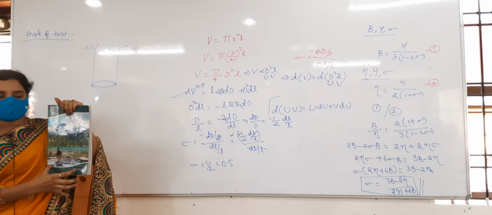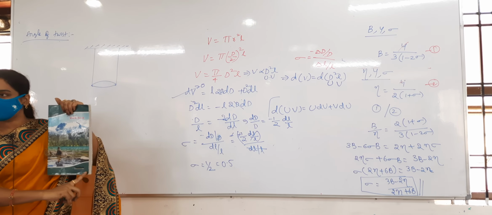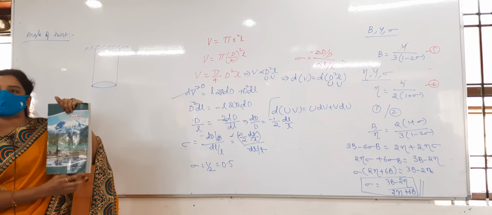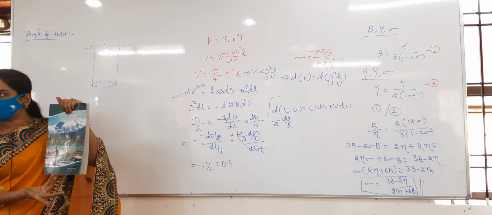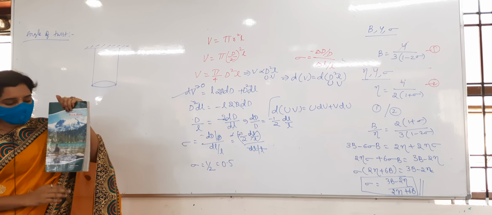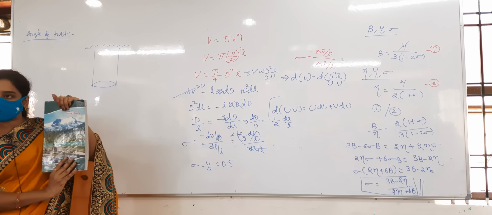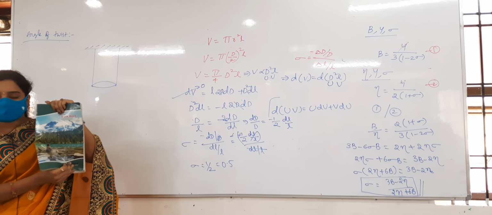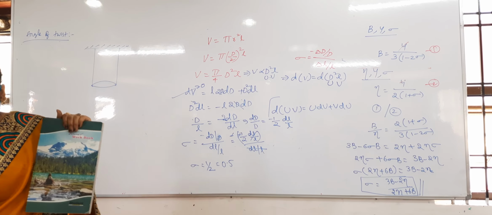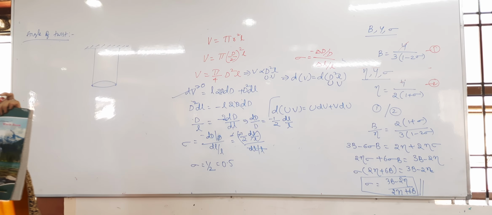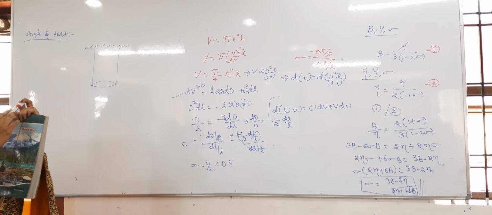For that wire, the length is L and the radius is R. Now I am holding it like this and applying a twisting force. At that time you just observe the center line, how it is displacing. Are you able to see that?